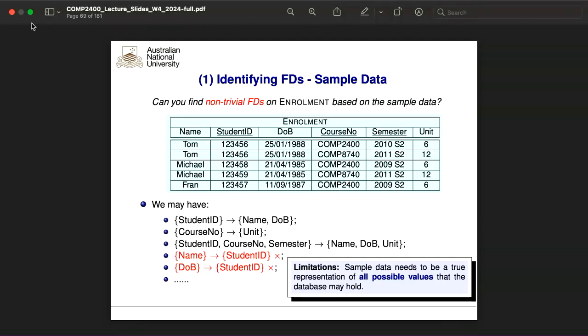So even though sample data can help us find some useful information about a database and its data requirements, and find some functional dependencies, we also need to be mindful of whether those functional dependencies really capture the requirements in real-world applications.